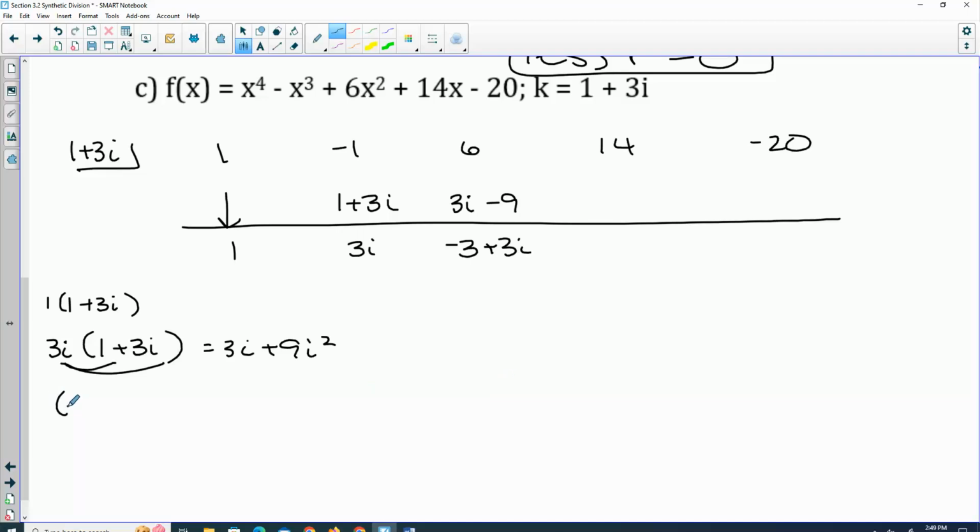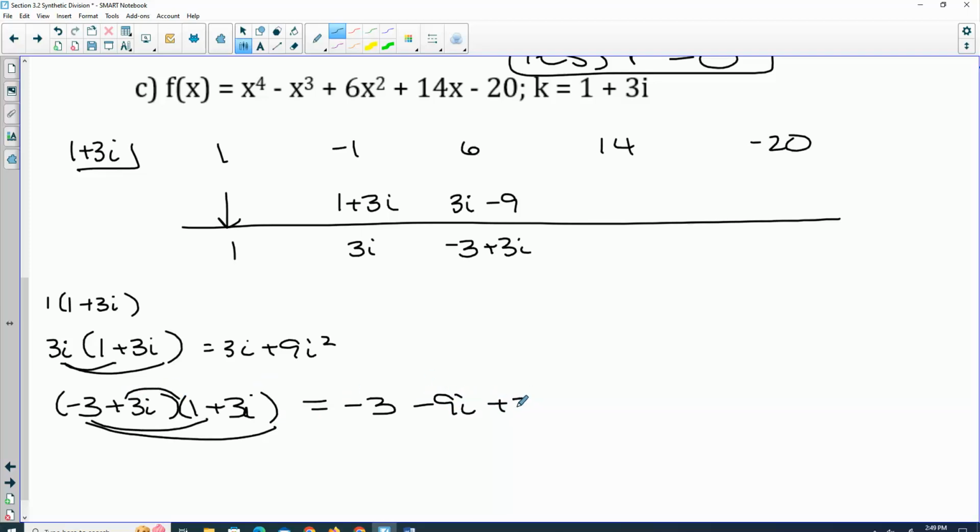Okay, now I have to do negative 3 plus 3i times 1 plus 3i. So we need to, you get negative 3 minus 9i plus 3i plus 9i squared. 9i squared is negative 9 plus negative 3 would give me a negative 12.